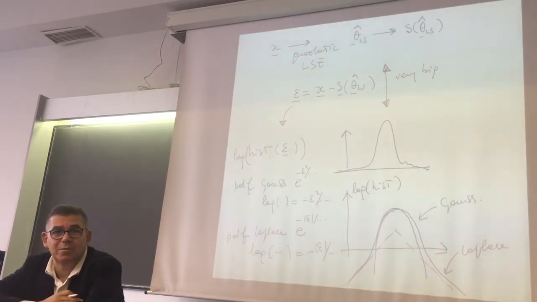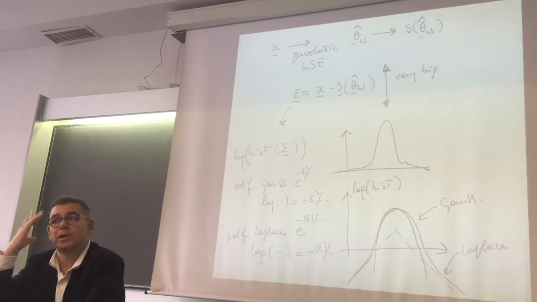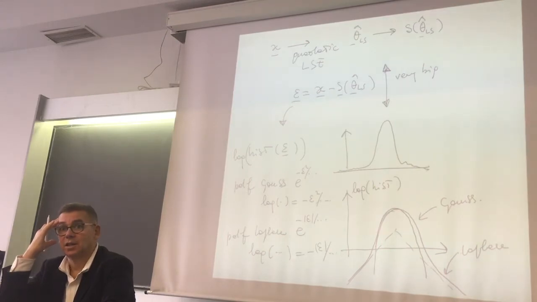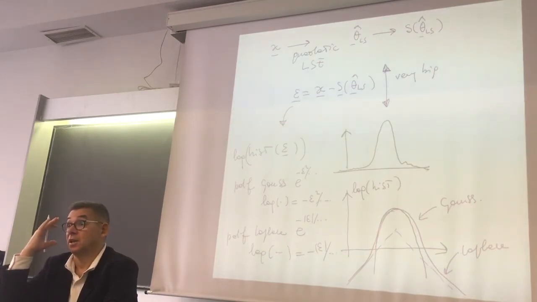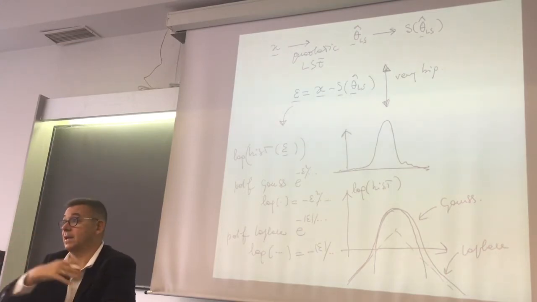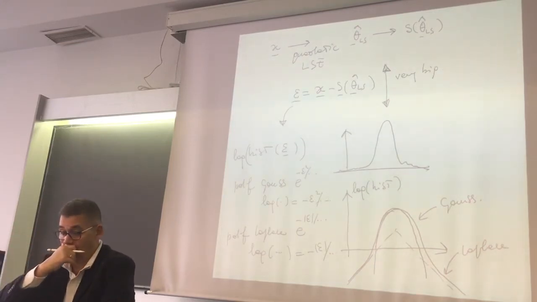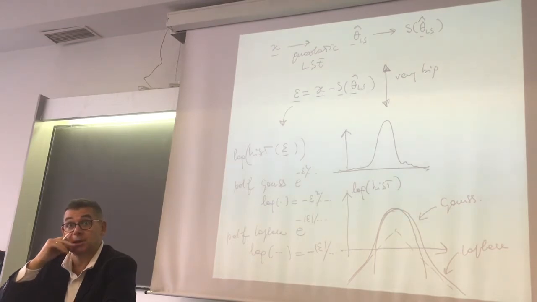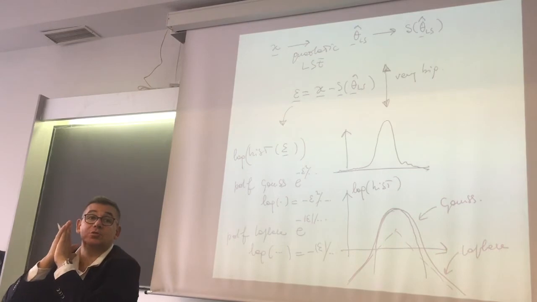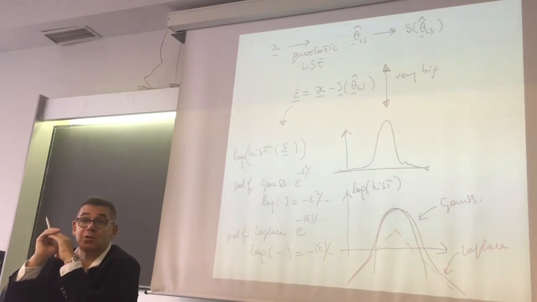Isn't that the same as Huber, robust estimator? So Huber, robust estimator, is essentially estimating a set of parameters, considering that in the neighborhood of the solution, the distribution is Gaussian.